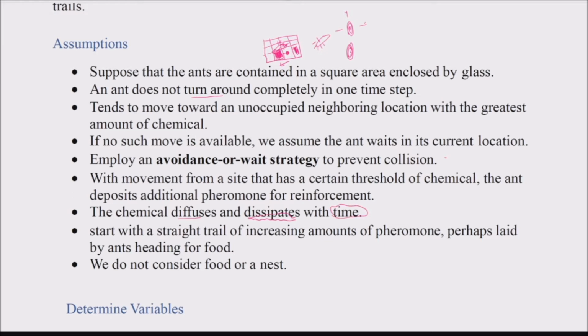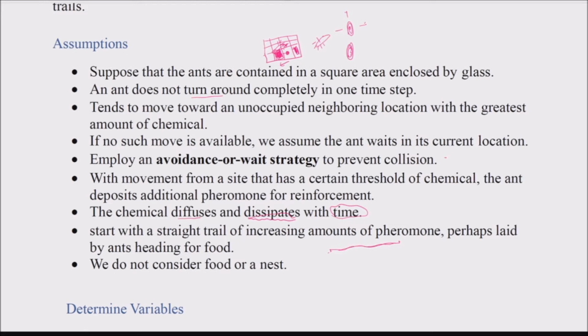And we start with a straight line, right? A straight trail, with increasing amount of pheromone, perhaps laid by ants heading for food. So we assume there's a line, and this line is pheromone. So the ants will assume they already set up a path for others to follow, right?